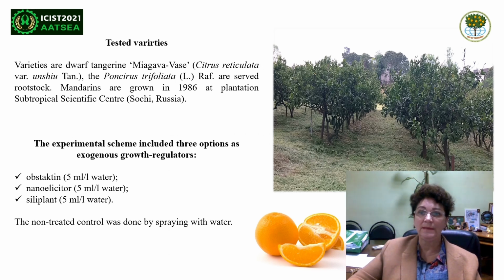The experimental scheme included 3 options of exogenous growth regulators: Obstactin, nanoelicitor, and Sileplant. The control was sprayed with water. Obstactin is a phytoregulator for plant growth related to auxin. The active substance is the potassium salt of naphthyl acetic acid.